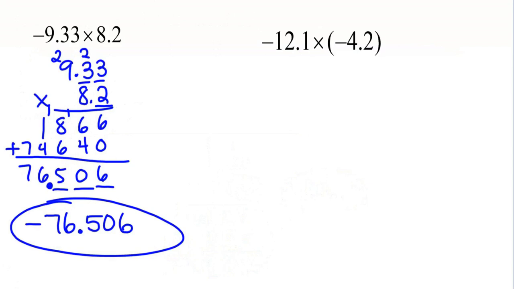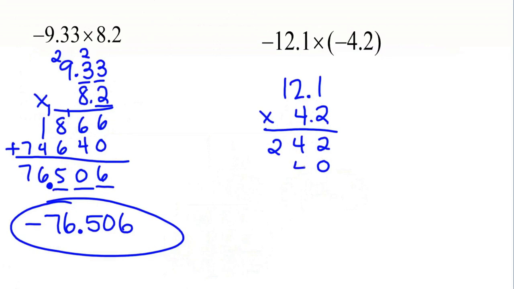Next, 12.1 times negative 4.2. This is a negative times a negative, so I know that my product is going to be positive. I'm just going to multiply these numbers without the negatives. 12.1 times 4.2: 2 times 1 is 2, 2 times 2 is 4, 2 times 1 is 2, add a 0, 4 times 1 is 4, 4 times 2 is 8, and 4 times 1 is 4.